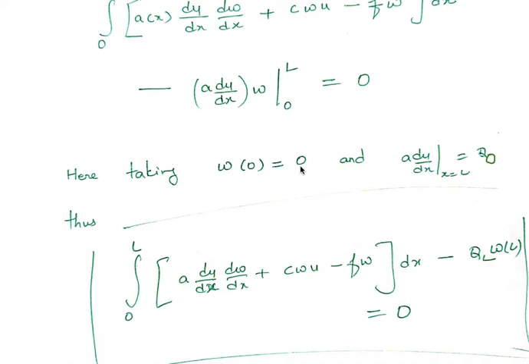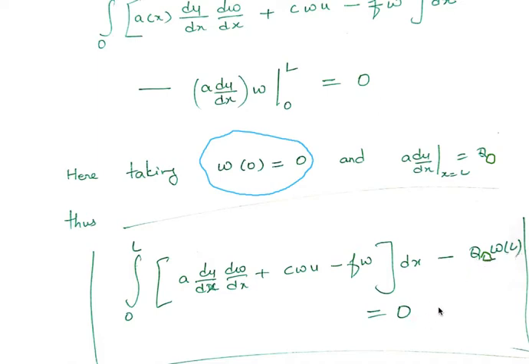Now you might be wondering why this would be the case. Wait for 2 minutes, it will become clear. Okay, so we are saying w at 0 should be equal to 0, and if you impose those boundary conditions, what do you end up with? The boundary term finally simplifies to w at L times Q naught.